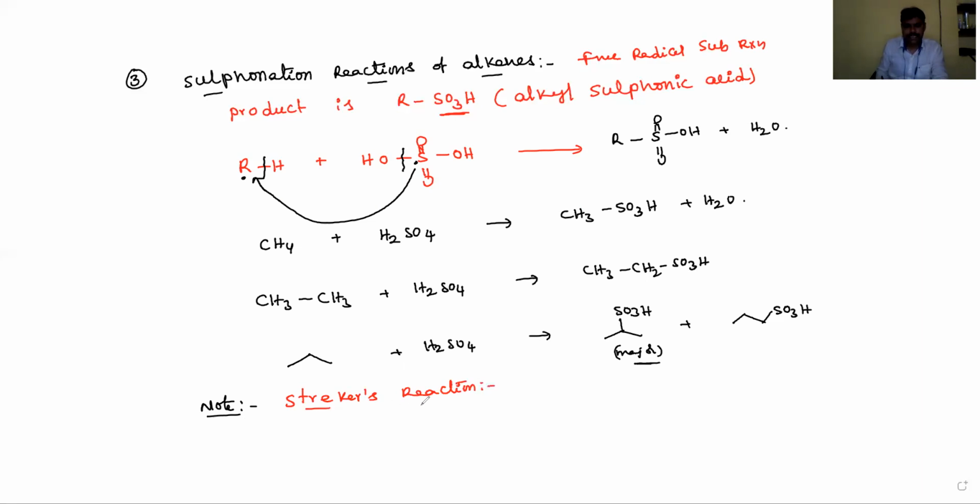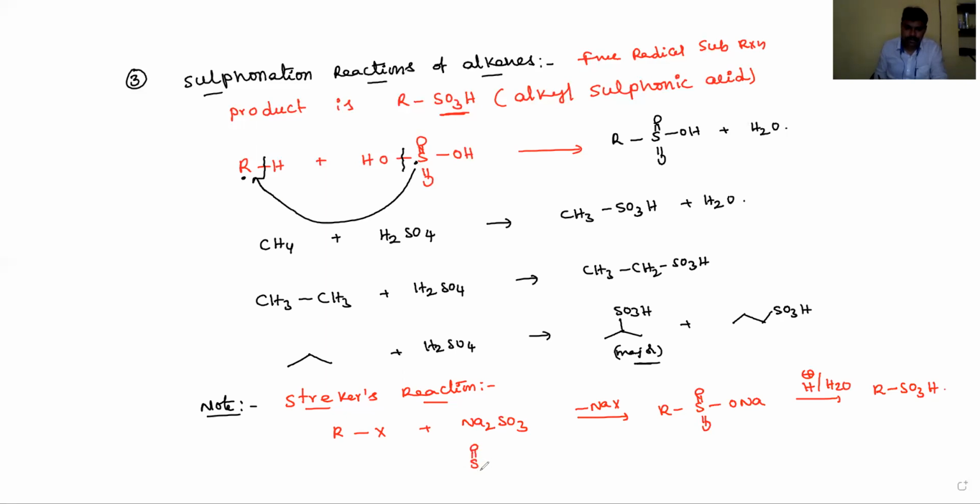You take alkyl halides, in a nucleophilic substitution reaction, and react them with sodium sulfite, Na2SO3, with loss of NaX, to produce RS(=O)ONa, which on hydrolysis in acidic medium produces RSO3H.